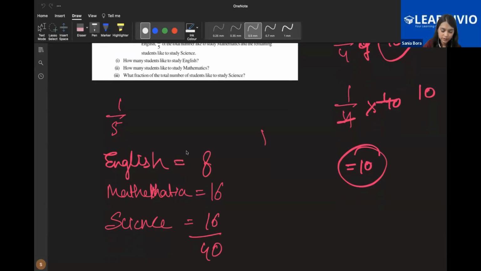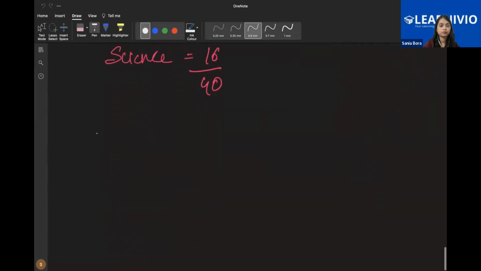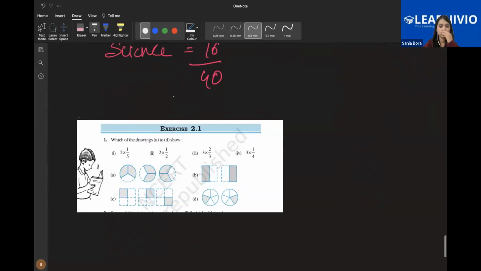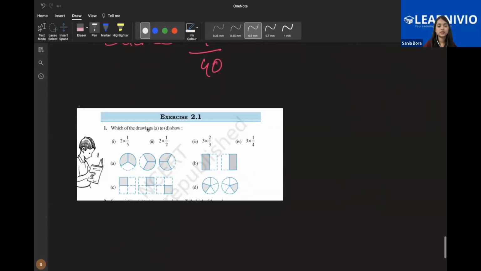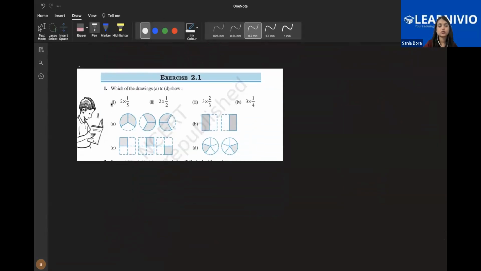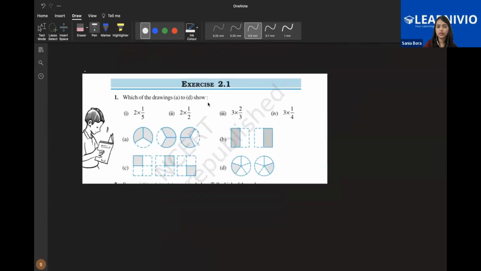Okay, just a minute. I'll paste it. You can see it. So which of the drawings A to D, you have to match it up. First you will solve it.